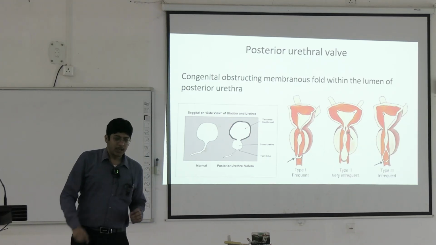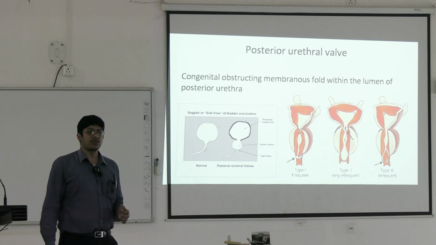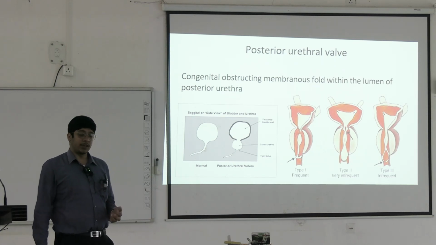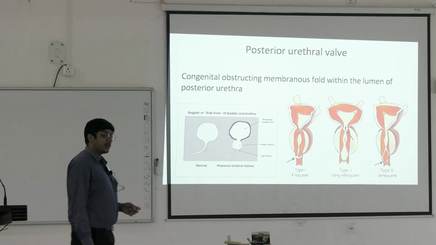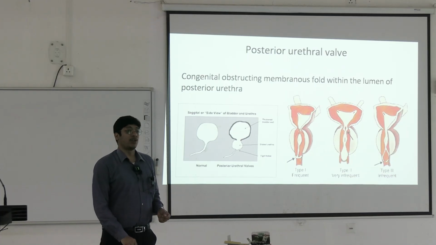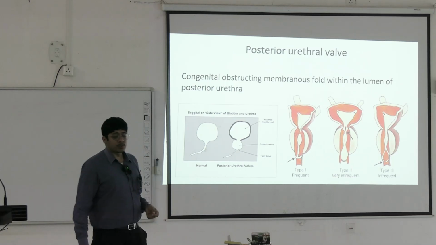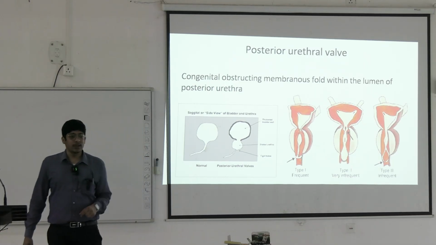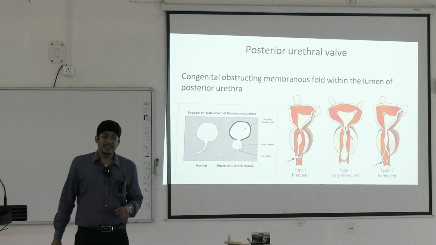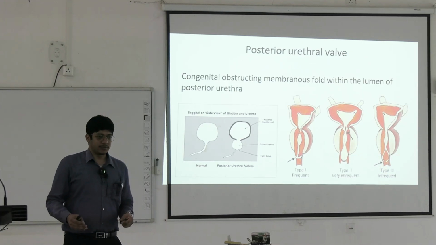These are the types, but what this valve achieves is a partial obstruction to the flow of urine in the urethra. What is more important is that this obstruction is present congenitally, not since birth, even prior to birth. Okay, so when the fetus is growing inside the body, since then the flow of urine is obstructed.